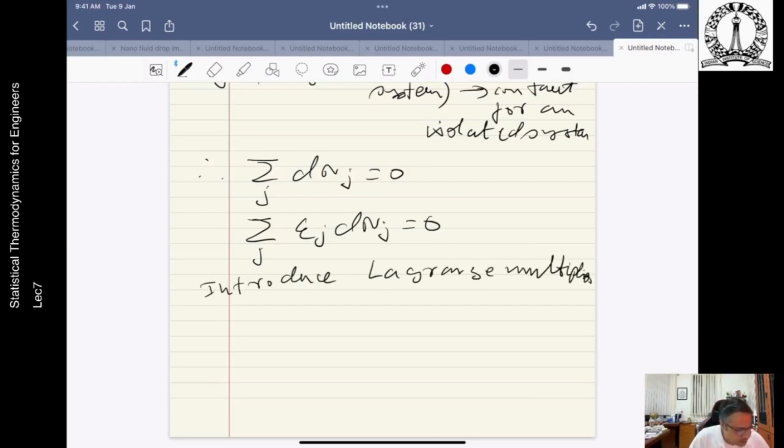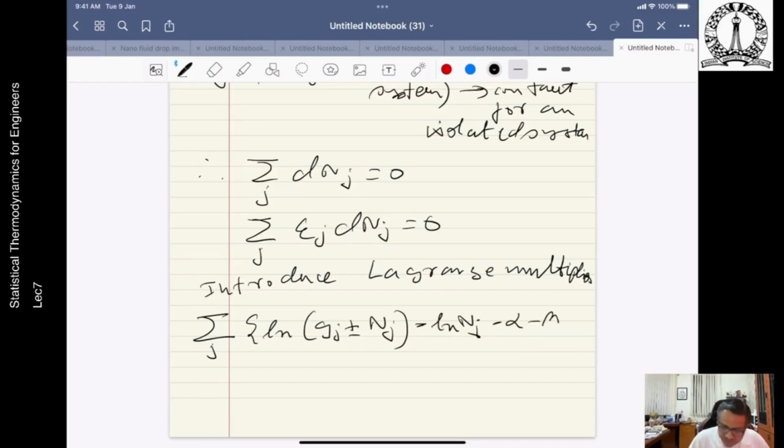What you have is therefore summation over j of [ln (gj plus minus nj) minus ln nj minus alpha minus beta ej] dnj is equal to 0. Alpha and beta are the Lagrange multipliers.